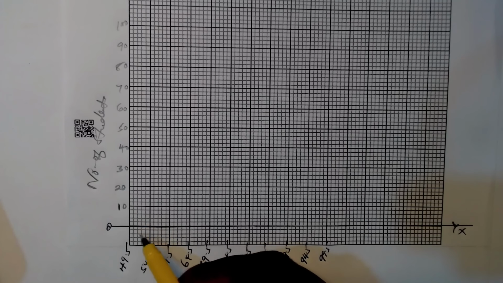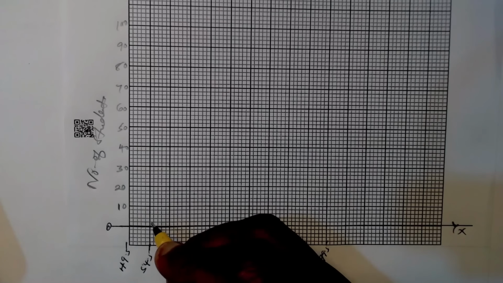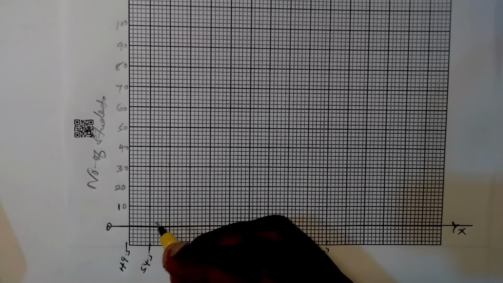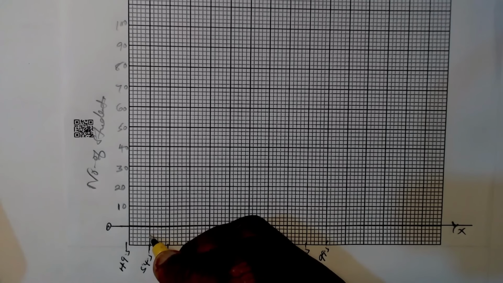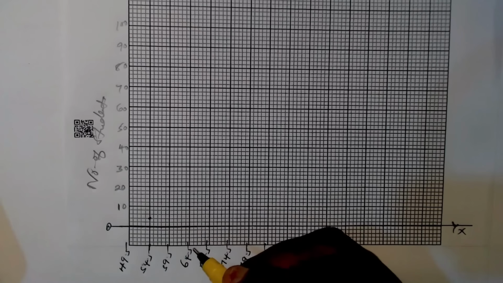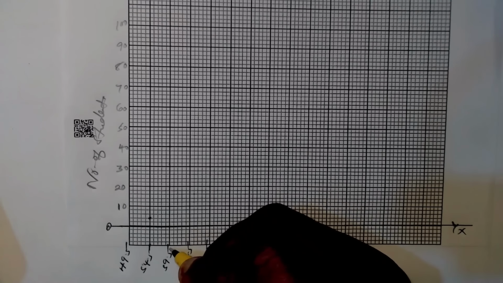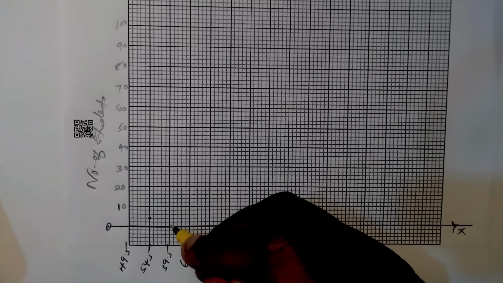Because you have 0 here, then 10, this will be 2. So 4 will be here, at 54.5. Then the next class is 59.5, 13. So this is 12, so 13 will be there.